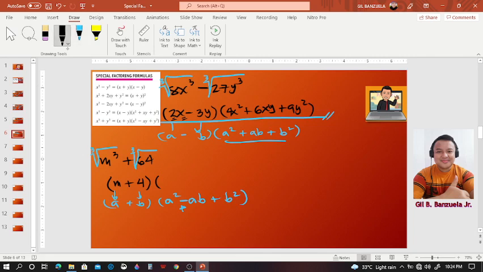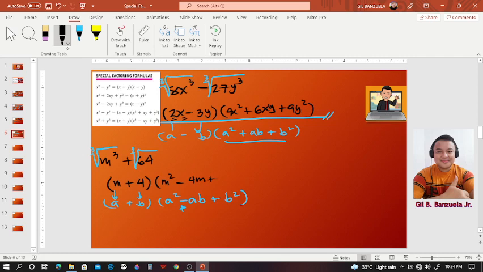Alright, so we simply do that. So, your a here is m. So, therefore, we are expecting to get a squared. So, we have m squared. So, we simply plug in. Your a is m, your b is 4. So, m times 4, so that would be 4m. Then, finally, plus b squared.